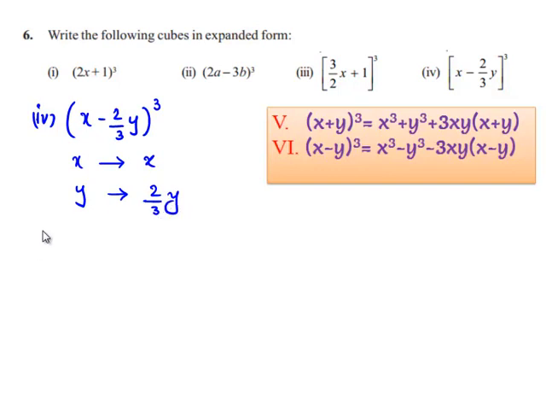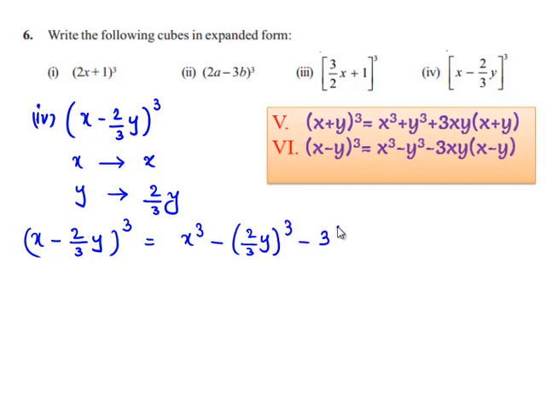So using the identity, we get (x - 2y/3) whole cube is equal to x cube minus (2/3 y) whole cube minus 3 times of x multiplied by y is 2/3 y, and in place of x there is x, and in place of y we have 2/3 y.